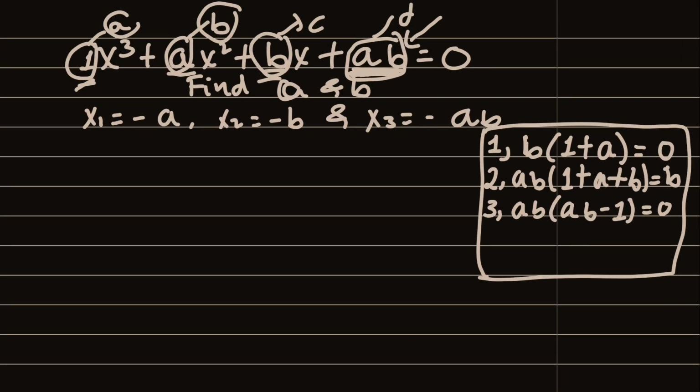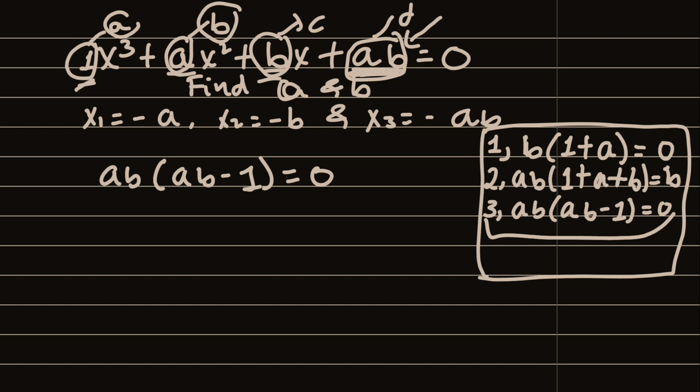Now let's use the third formula. ab times ab minus 1 equals to 0. For this formula, we consider two things.